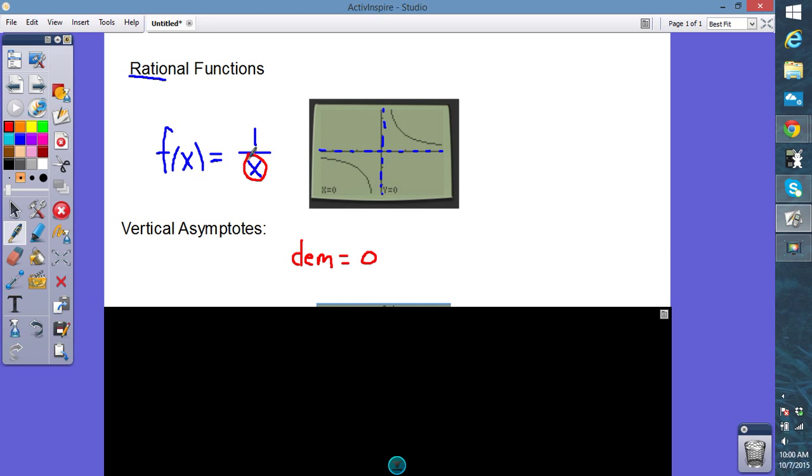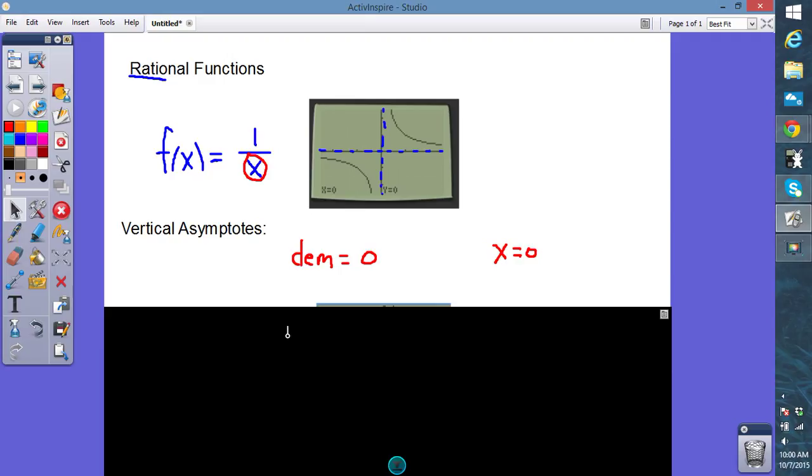Well, in this case, x is equal to 0. For the function, x is not allowed to be equal to 0, but the line that we're drawing, the asymptote itself, is the vertical line x is equal to 0. So that's where this vertical asymptote comes from on our parent function.